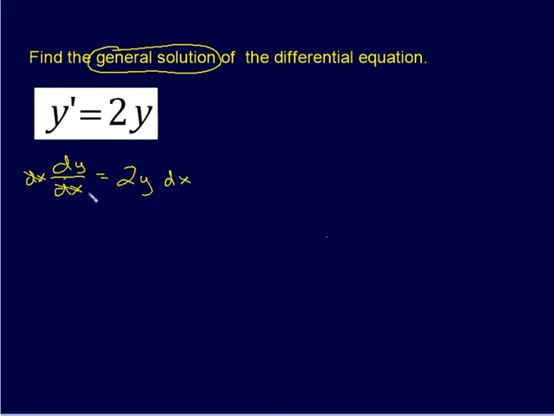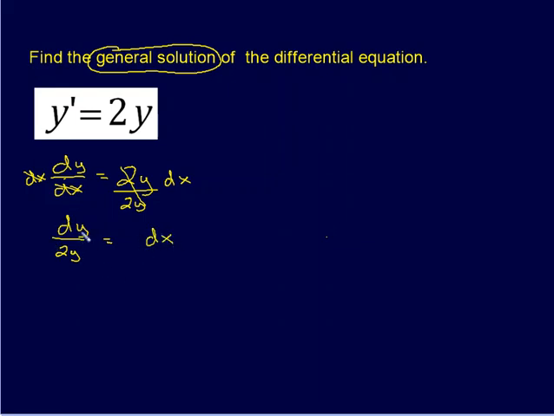And now I need to get the y over to this side. Now it's pretty tempting just to go ahead and divide by 2y, and you could do that. So many people would maybe think to divide by 2y here and just leave dx. Okay, now you can work with that.